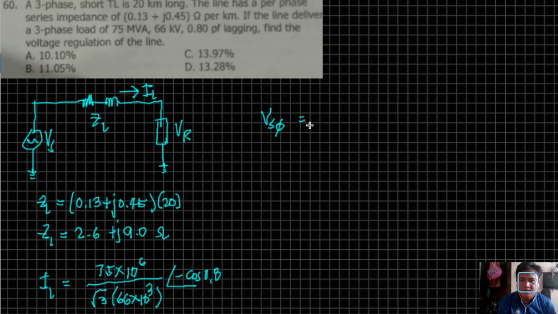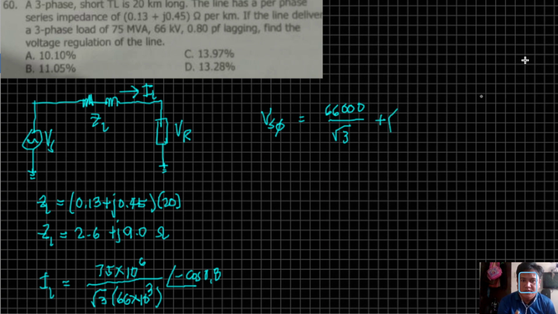So that is equals to the receiving end voltage per phase na 66 kV. So 66,000 over square root of 3, okay, plus the current. Okay, so take note, ito angle of 0, reference natin to, so no need to put the angle, no?